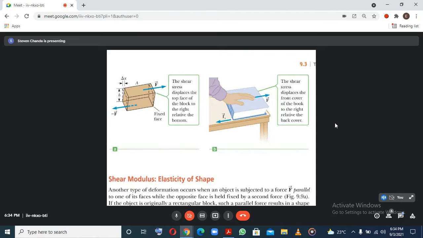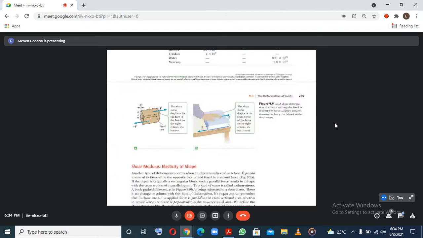So you see, it will be as though it's becoming like a parallelogram, right? So if it was something like a square or something rectangular, it will now become some sort of a parallelogram. So that's something that's important.